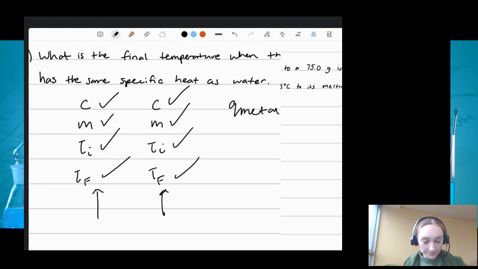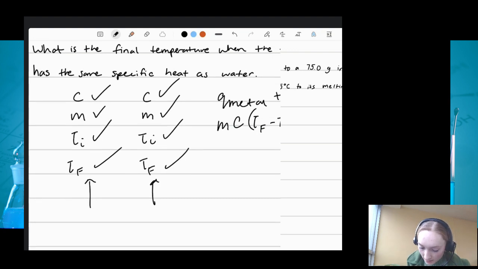So for the Q metal, we have MC delta T, and instead of delta T, I'm going to write TF minus T initial here. And that's also the same thing for the coffee: MC, lowercase c, TF minus T initial, equals 0.